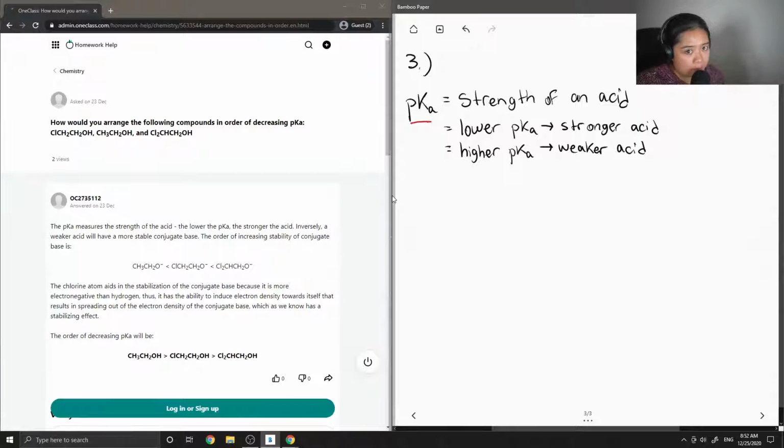So basically, if we look at the question, they gave us different acids, and each of them has a different number of chlorine atoms attached to them. So when you have compounds with more chlorine or electronegative atoms, they tend to be more acidic.